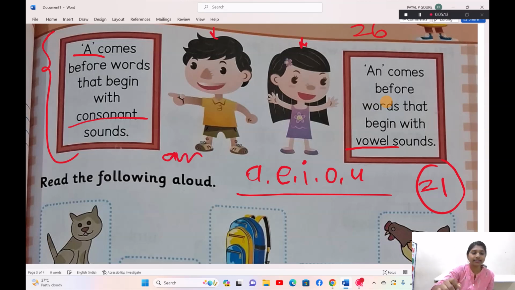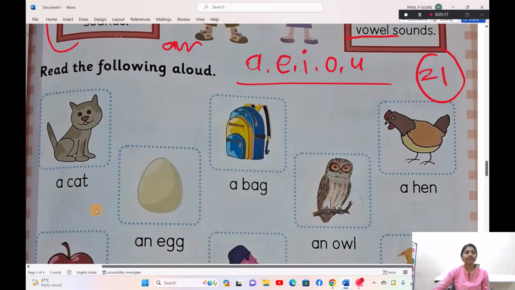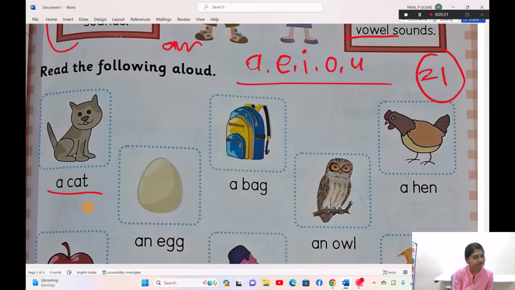Let's see the examples. Cat. C is the consonant letter, that's why we write a first: a cat.